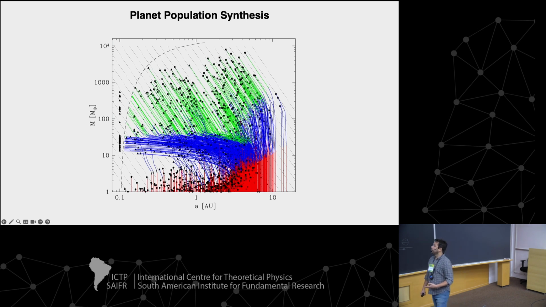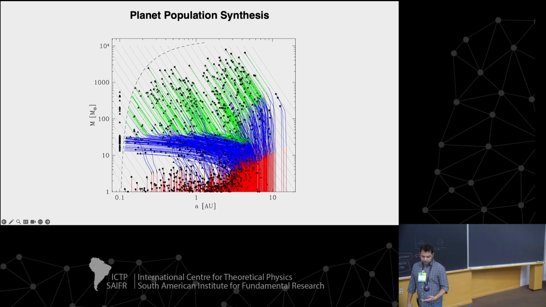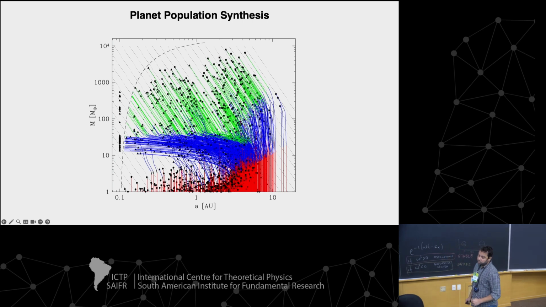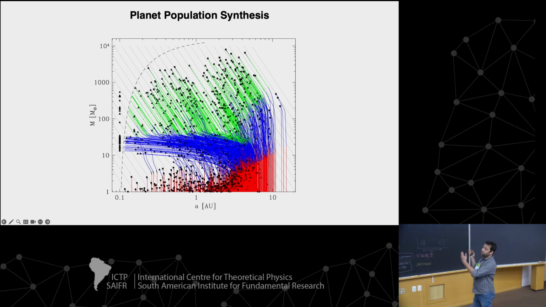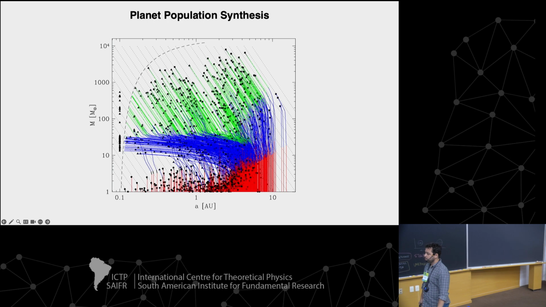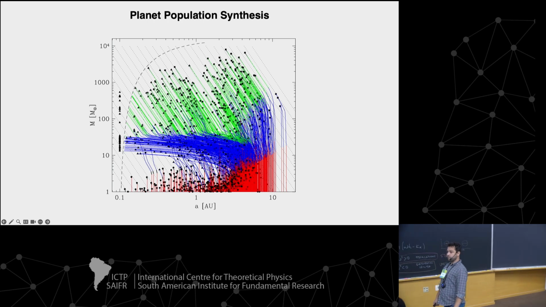Ultimately, any comparison between migration theory and exoplanets cannot come from one single object, right? I mean, it must be statistical. So you take this plot and then compare with the distribution of exoplanets. The problem is we have models against one Jupiter with an 11-year orbital period, right? There are no other planets like that.